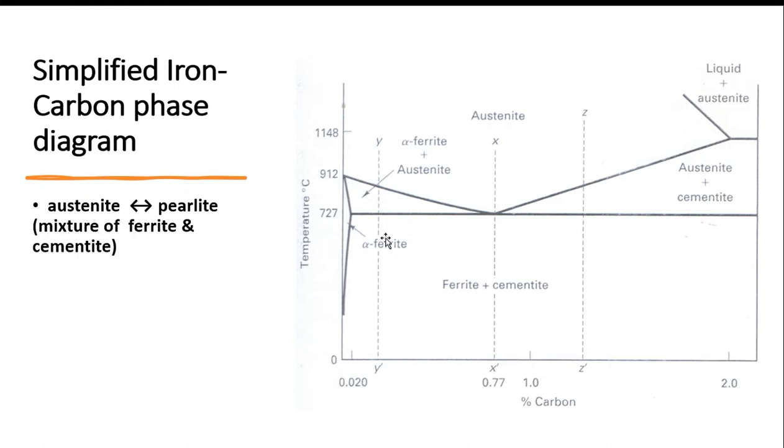So this is the austenite. This is the temperature 723. So austenite directly changes into ferrite plus cementite after 723 degrees. Out of this, you can see under this line you have ferrite plus cementite, right? It is called pearlite. So the total content of iron carbon is converted into ferrite plus cementite, we call pearlite, after 723 degrees Celsius, right?